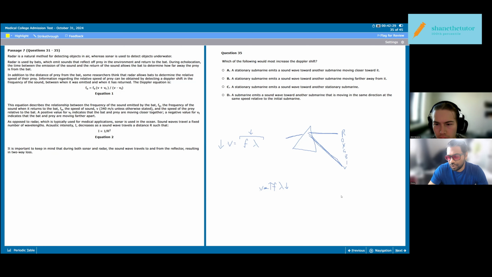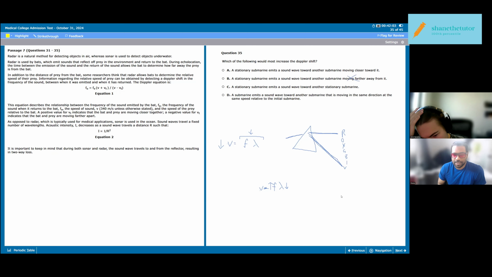So you said it'll be higher if they're moving towards each other, right? Yes, I would say yes. So that would cross out B. And A, stationary, and C, that doesn't constitute anything with Doppler, right? Yes. Remember how I said Doppler is just for things that are moving.